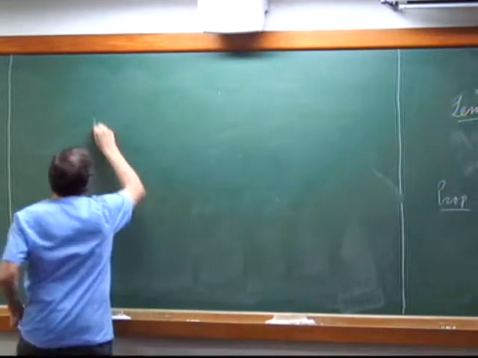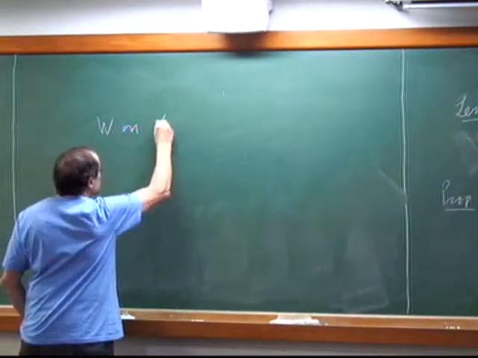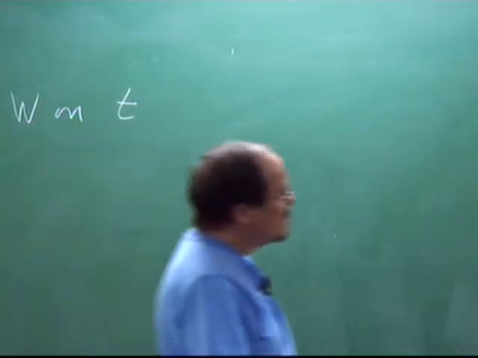So I claim W acts on the maximal abelian subalgebra t. Well, how should it act?